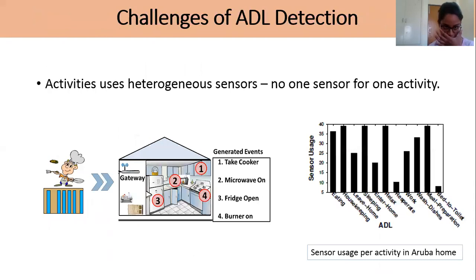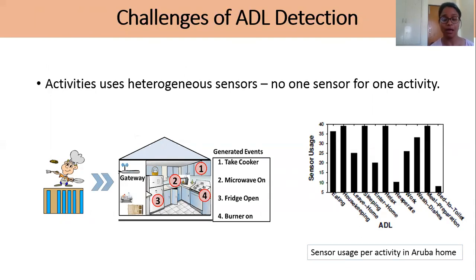The first and foremost is that activities use heterogeneous sensors. There is no one dedicated sensor for an activity. For cooking, many sensors are getting activated, and in the graph you can see that for each ADL there are many sensors associated.